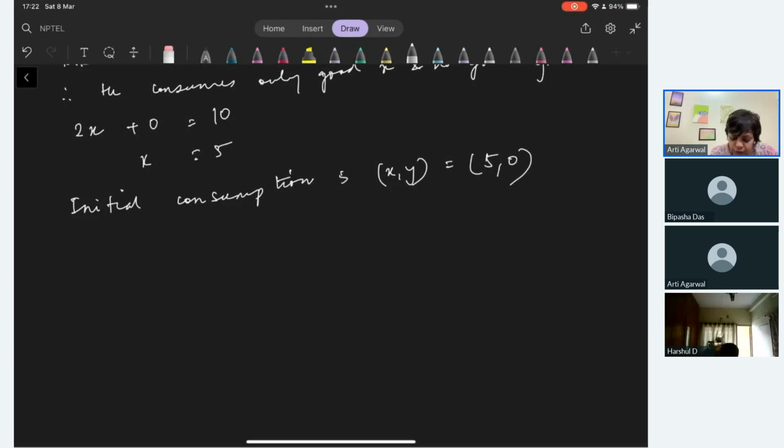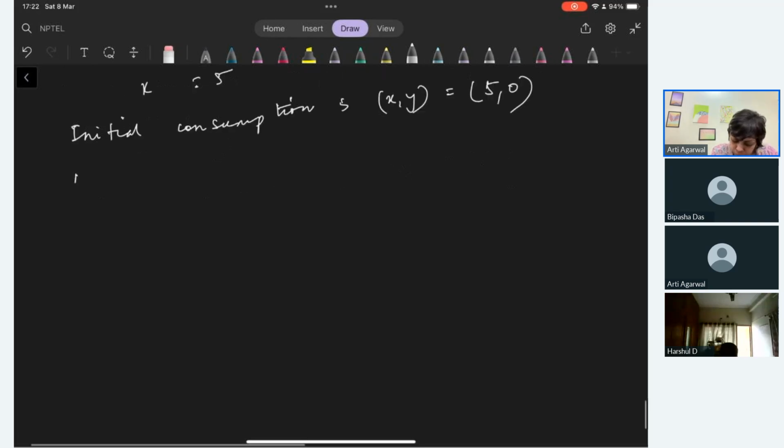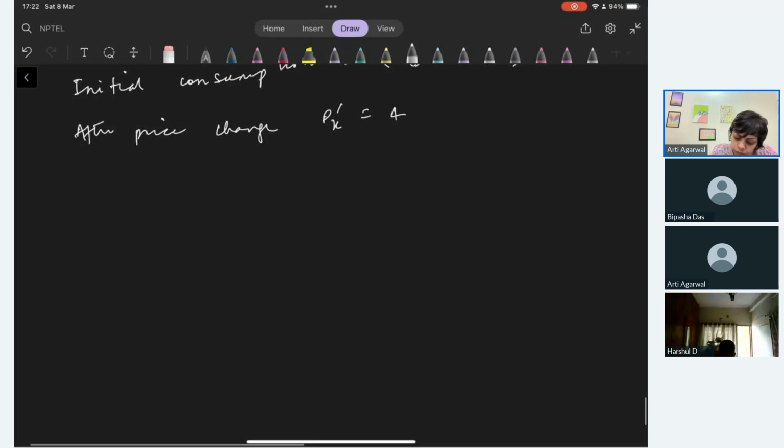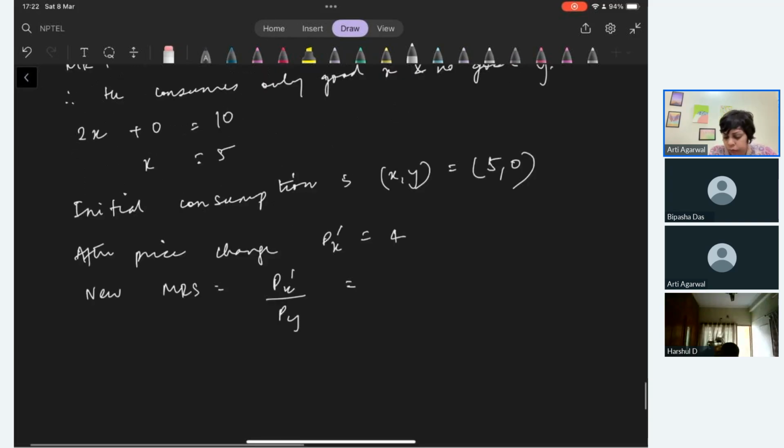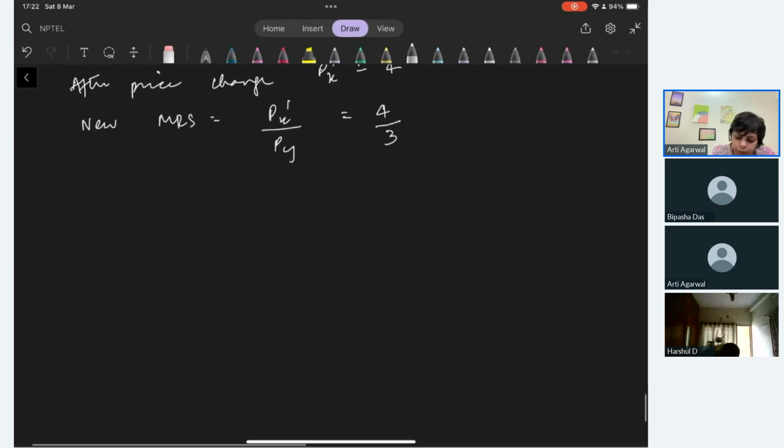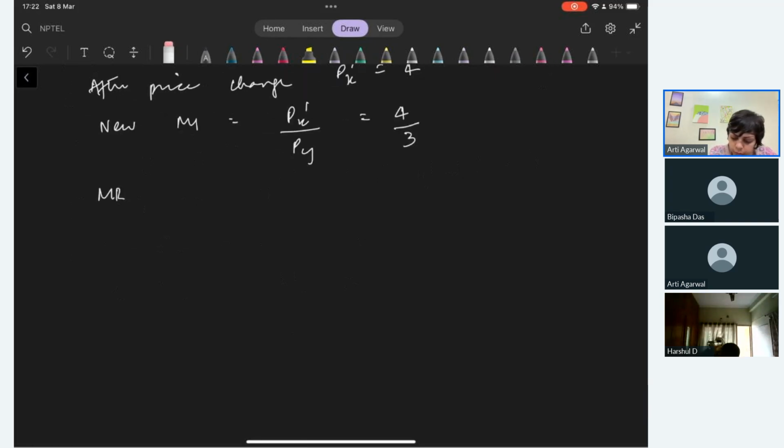Okay, so now we have a change in price. Now we compute the new MRT. MRS is same, equal to 1.